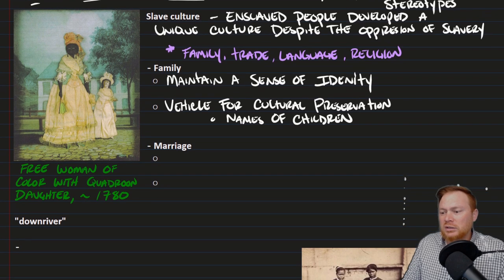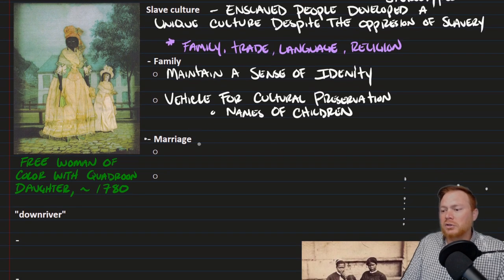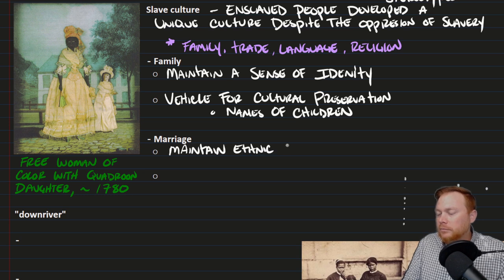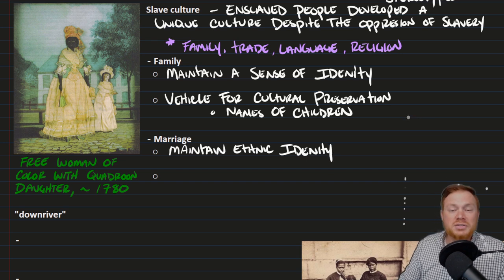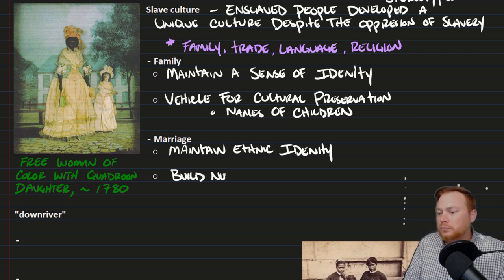Another example is in the realm of marriage. Even though marriages were not legally recognized in most states for enslaved individuals, it's not to say that they didn't happen. They certainly did. Marriage served as a vehicle to maintain ethnic identity. Many of those who married sought partners of the same African ethnicity, and also to build nuclear households.